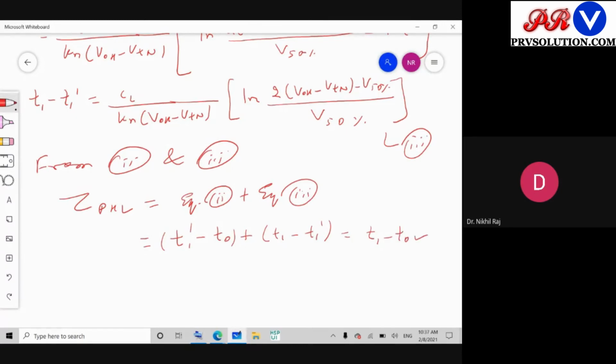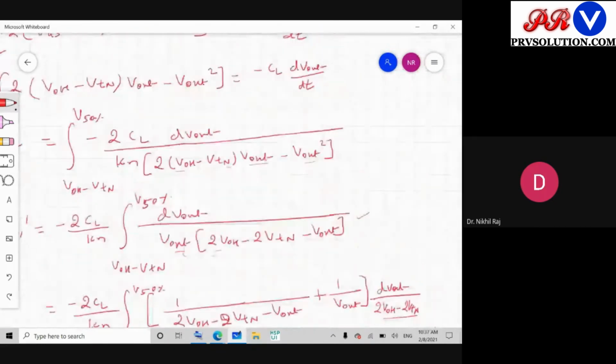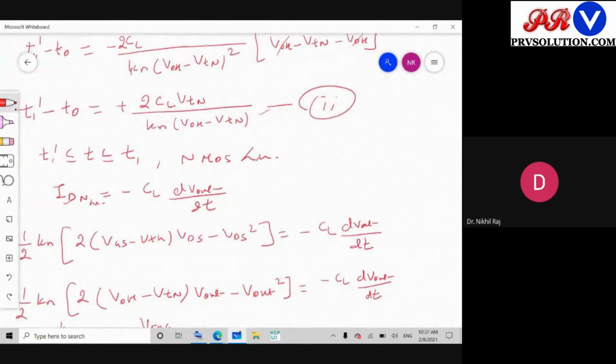So once you place the values, I'll rewrite the TPHL expression. For this one, what we have got is the expression, equation 2. So if you look back, this is your equation 2.